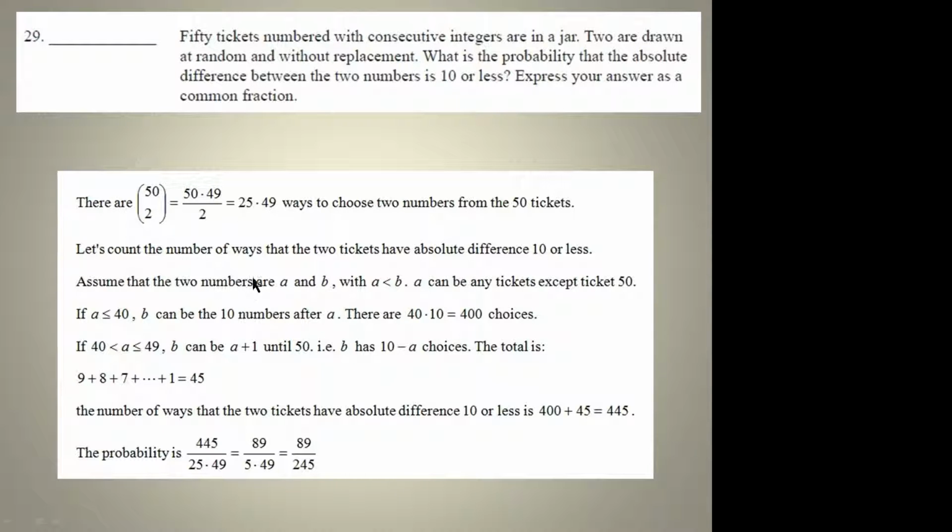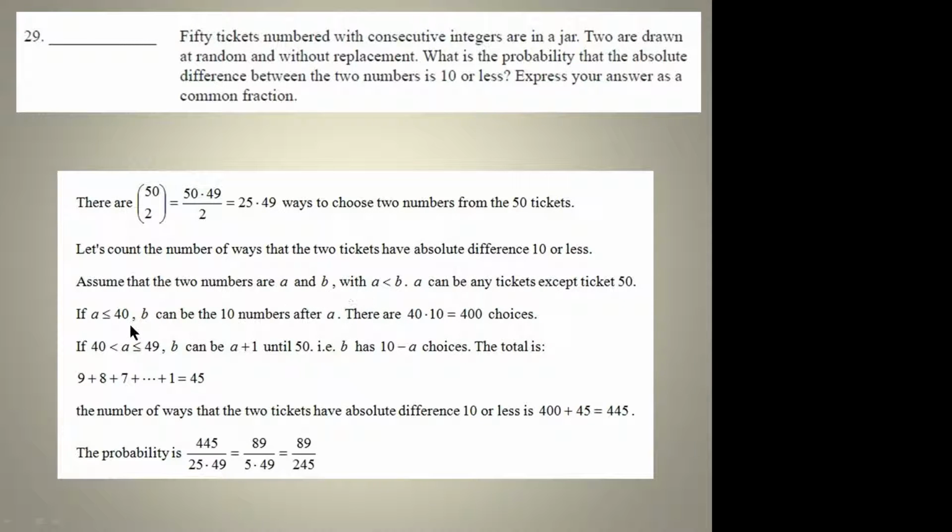So let's count the number of ways that 2 tickets have absolute difference 10 or less. Assume that the 2 numbers chosen are A and B. Okay, they are different, so A cannot be the same as B. And let's say A is a smaller one, so it's A less than B. A can be any ticket except ticket 50 because B is bigger than A. Okay, so A can be 49, but it cannot be 50.